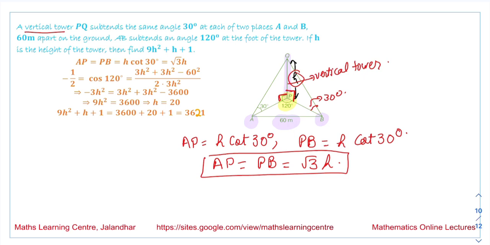Now looking at this triangle PAB, this angle is 120 degrees.